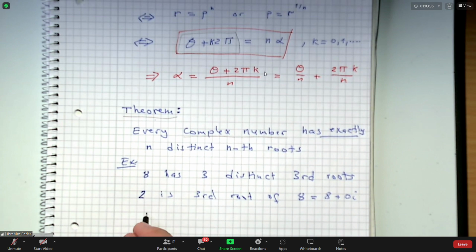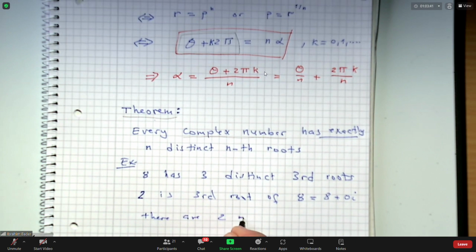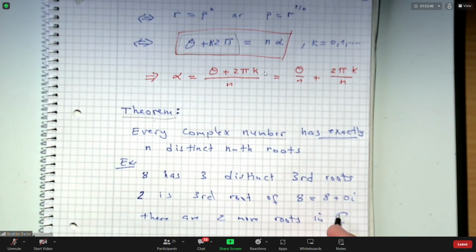So there are 2 more roots in the complex numbers C. Actually, we will see maybe an example of how to evaluate the roots of unity. 1 to the power 1/5 has 5 roots. Can you imagine that? We know only 1 root, which is the real number 1, but it has 5 roots.